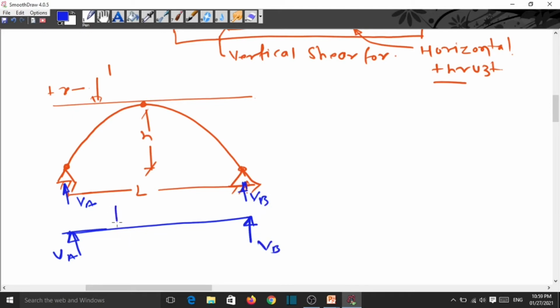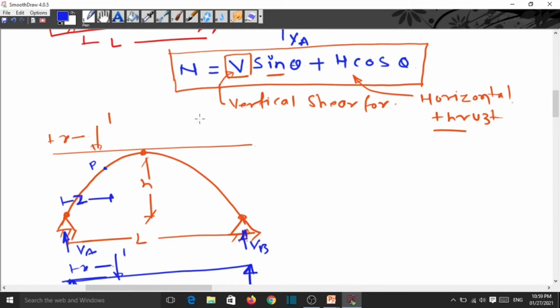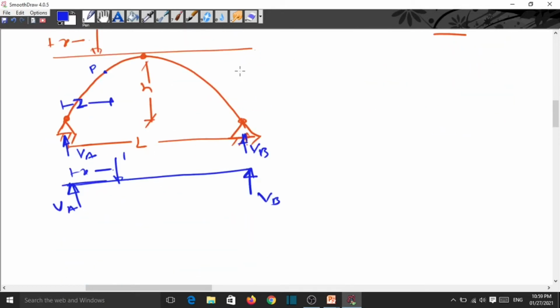So here this is the unit load which is moving from left to right throughout the span. Suppose anywhere is P, and suppose this distance is Z, where we want the internal forces. Now at this P we want the normal thrust, N. So first we draw the ILD for V, the vertical shear force.